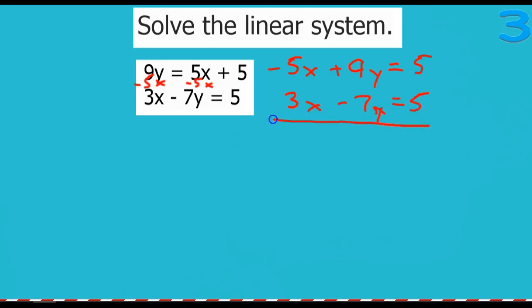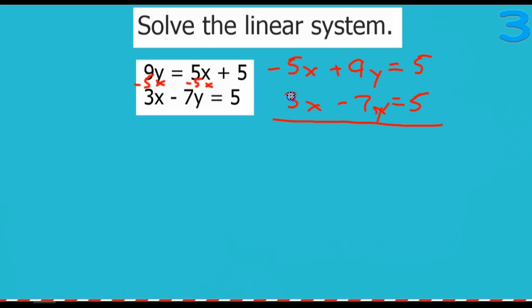Now, if I look at these two numbers, I see that 5 and 3, none of those can be multiplied, or 3 can't be multiplied by anything to get to 5. 7 can't be multiplied by anything to get to 9. So what I want to do here is, instead of multiplying just one, I'm going to multiply both equations.